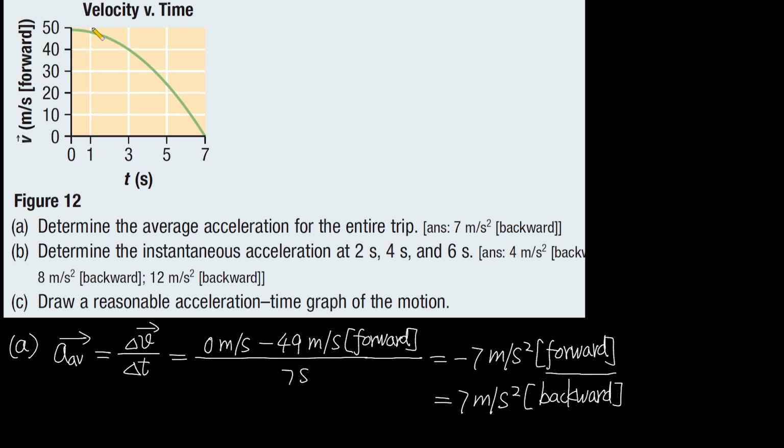So at 2 seconds, 2 seconds is around here. Here, the slope of the graph equals the slope of its tangent line at this point. So we draw the tangent line. It's just like this. Then we can find the slope of the tangent line.